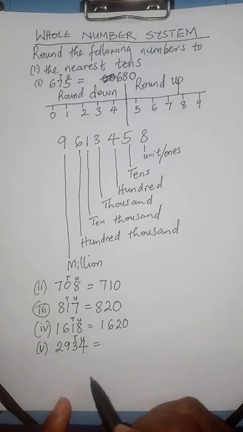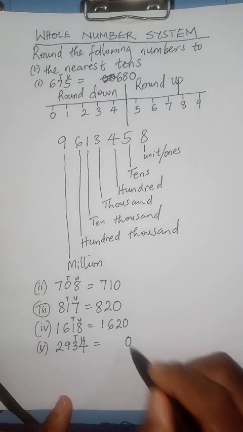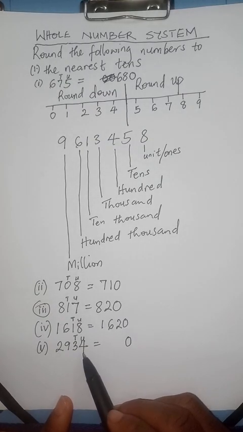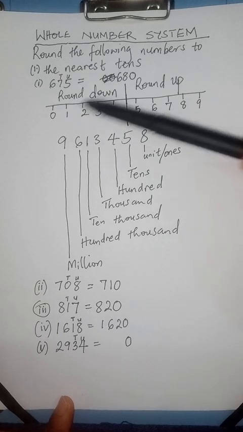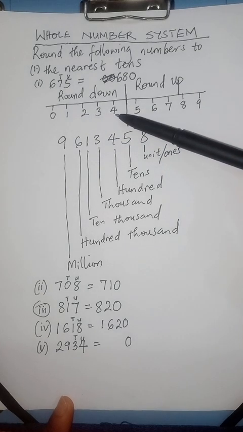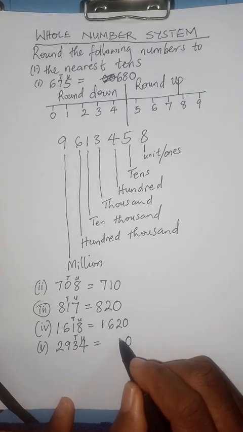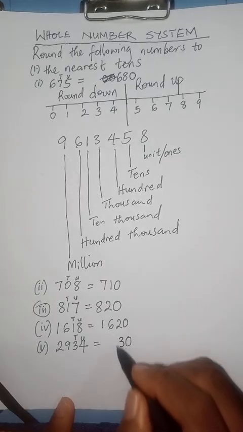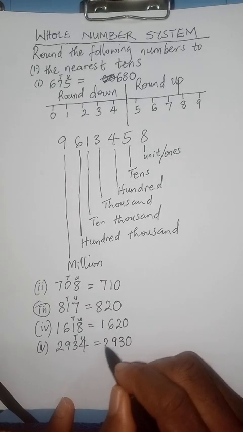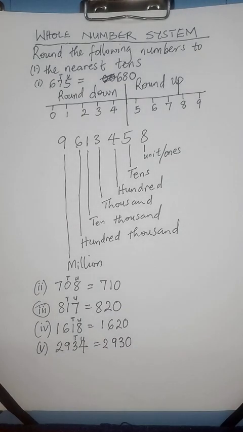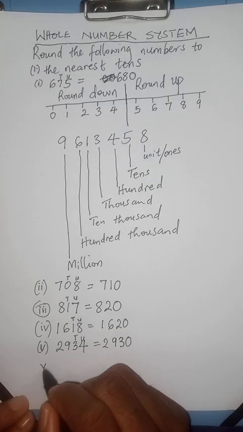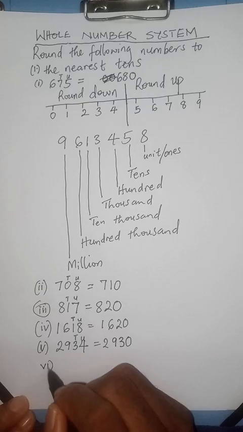So in this case, convert the unit to 0, but the unit is not greater than 4. Remember, we said when it is 0, 1, 2, 3, 4, you round down. So in this case, since the unit is 4, we're going to round down, which means there is no point adding 1 to the tens. You just write the 3, 9, and 2. So 2,930.